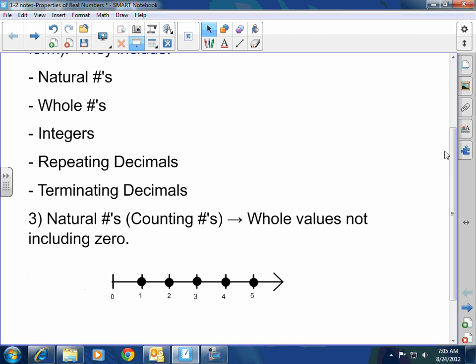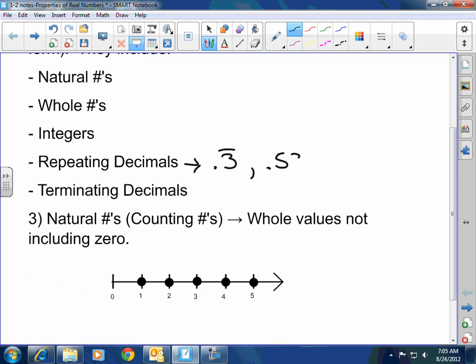Now, as far as repeating and terminating decimals go, repeating decimals would be something such as 0.3 repeating or 0.53 repeating. That's a repeating decimal. A terminating decimal is a decimal that ends. It is finite. So in other words, we're looking at something like 0.625.